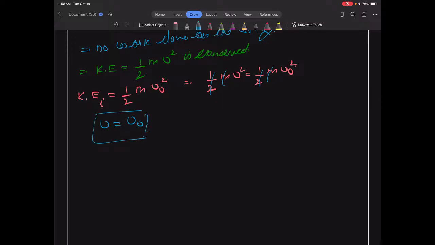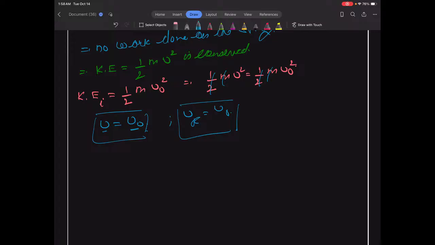So this is our velocity at a distance rho, and because at any point the velocity is v, and v naught is our initial velocity, therefore we can say that our velocity at point r, as it is going to hit the post, will be also equal to our v naught. So we can see that the relationship between the initial velocity and the final velocity in part A and part B is entirely different.